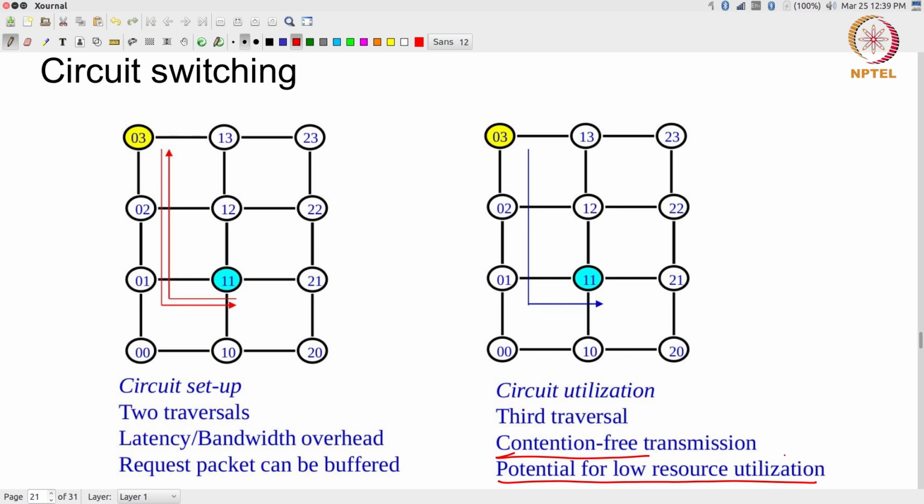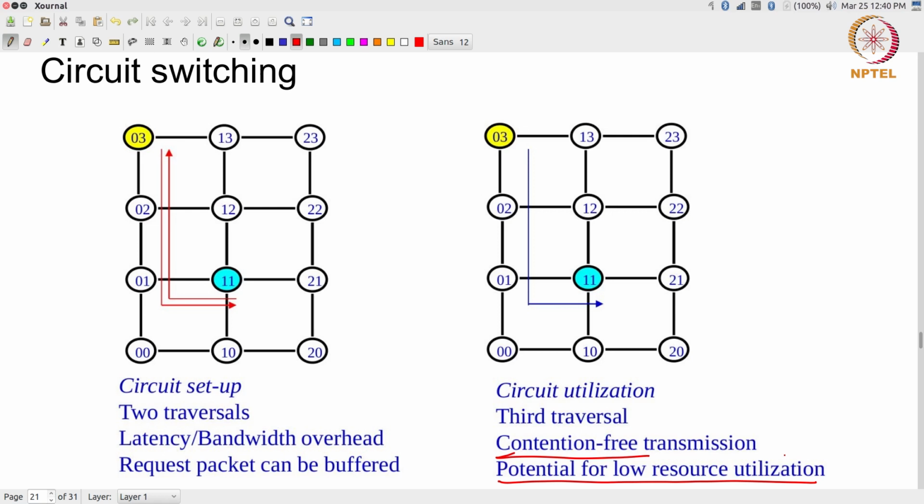You have latency because you take some time to set up the circuit, and bandwidth is also used up for setting up the connection. At least after you have set up the connection, those links are dedicated, therefore there are no further overheads at that point.